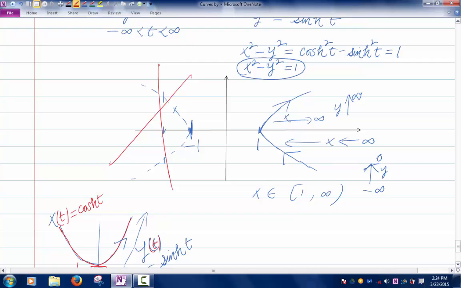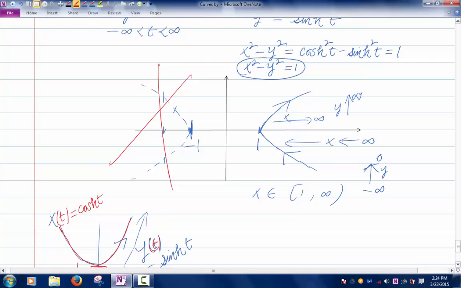So what does it tell you? That I must be moving in the upward direction along the curve, starting with y at negative infinity, x at positive infinity, right? I'm going to start there, and then I'm going upward until I get to the point (1, 0).